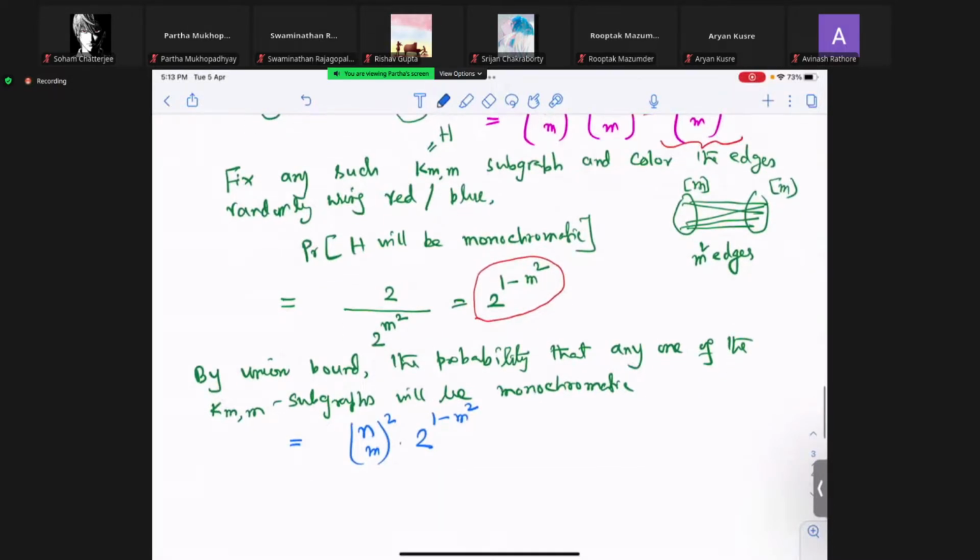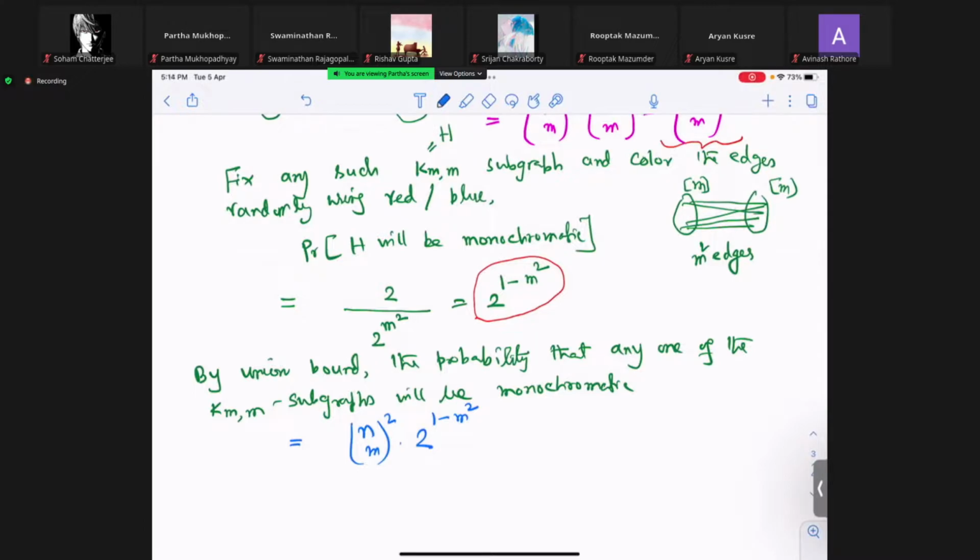So what do we need to prove? You will need to prove that this probability is strictly smaller than 1. If we show that, then what is the complement event? So this probability is over what? We are randomly coloring and finding the probability that at least one of the K_{m,m} subgraphs will be monochromatic. And we want really the complement event.